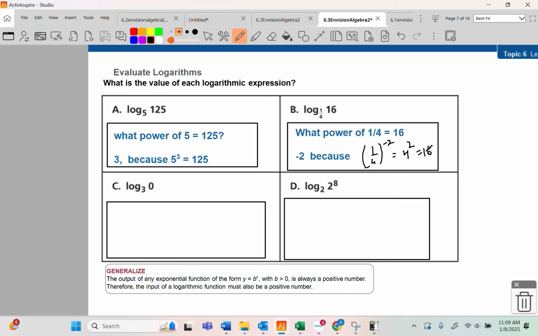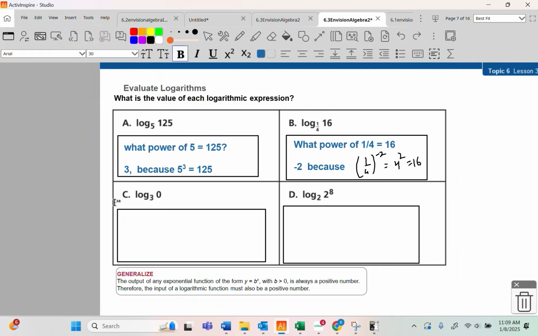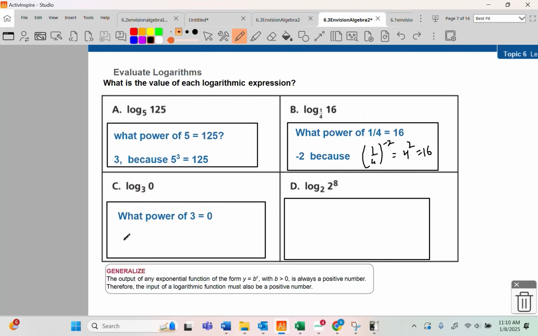All right, example C. We have a base of 3, so it wants to know what power of 3 is equal to 0. And that's an easy one, because you guys know that anything with 0 power is 1. A lot of kids will say, and this is wrong, I almost made the same mistake, I guess I'm tired, they'll say 3 to the 0 is 0.